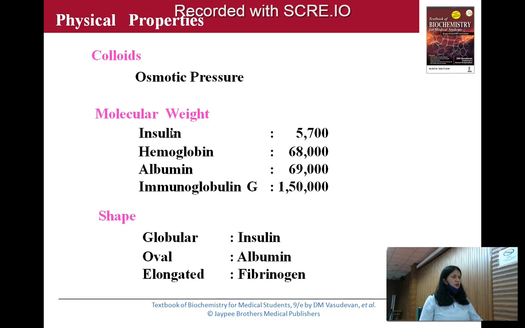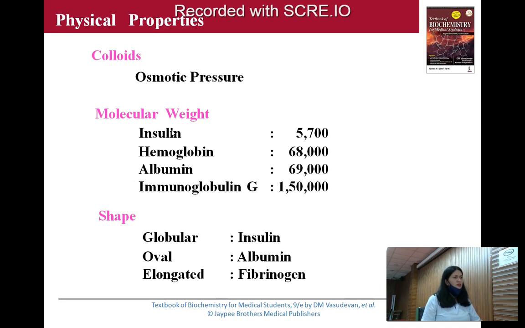Okay, so in the blood, this oncotic pressure is maintained by which protein? Albumin. Yes, good. So albumin maintains the oncotic pressure inside the blood vessels, due to which the water is kept inside the blood vessels, isn't it? Whenever there is any deficiency of albumin, for example, if there is a burn, or a liver injury, as in liver failure, albumin is synthesized less.